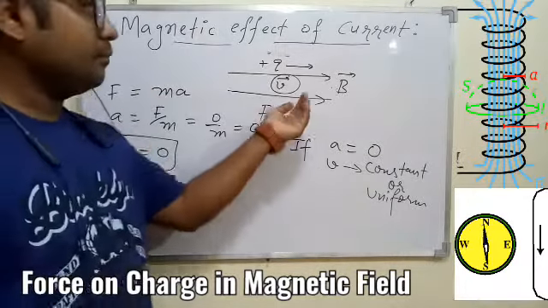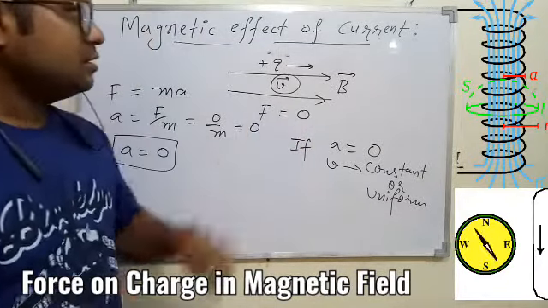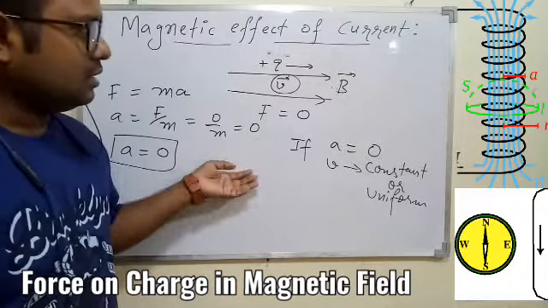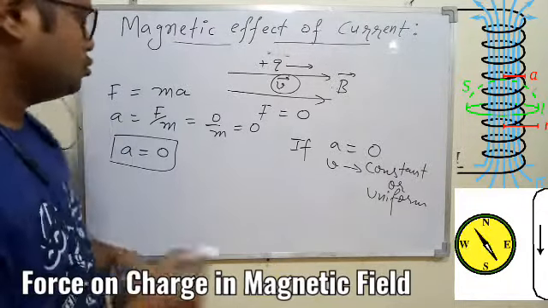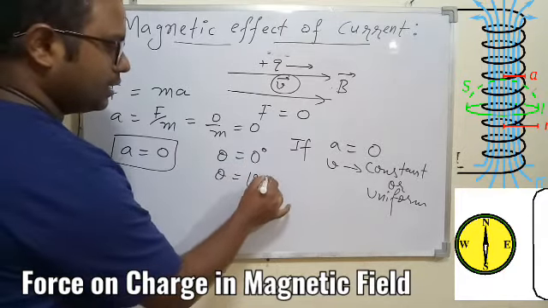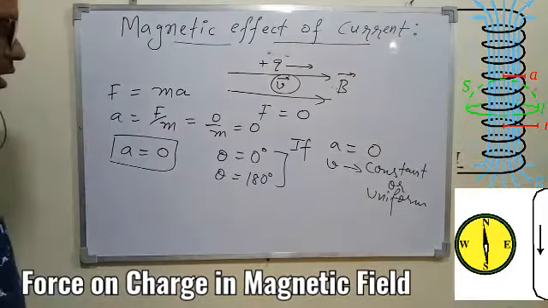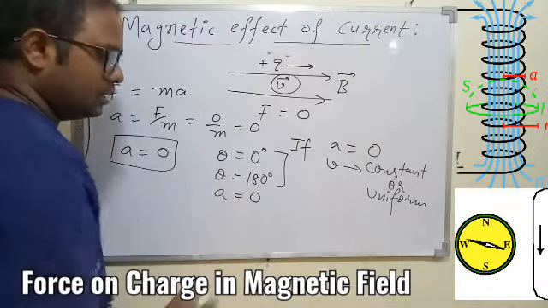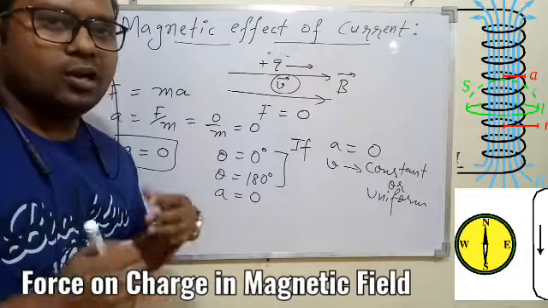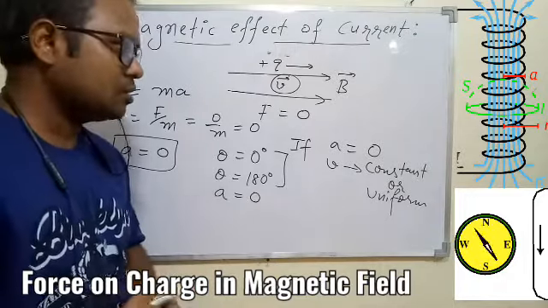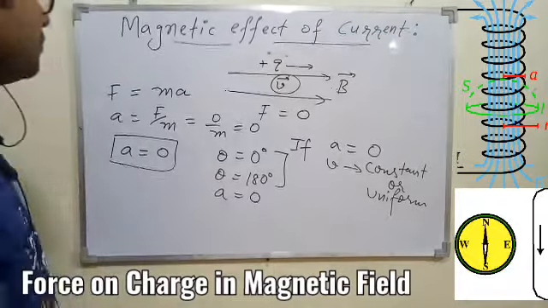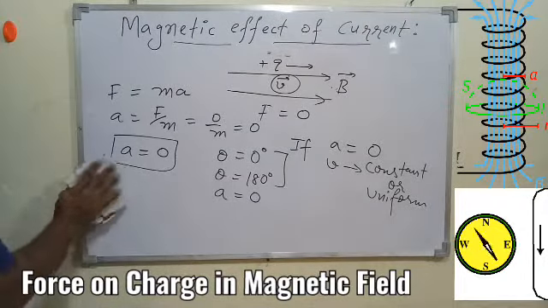Throughout the time within the magnetic field, the charge will continue to move in the same direction without any change in the velocity. So whether we have theta 0 degrees or theta 180 degrees, in both cases the acceleration given to the charge will be 0, meaning the magnetic field will not bring any change in the velocity of the charge placed in the magnetic field.